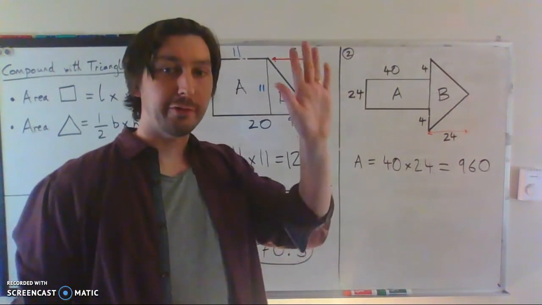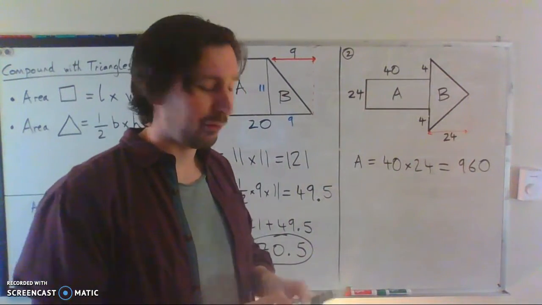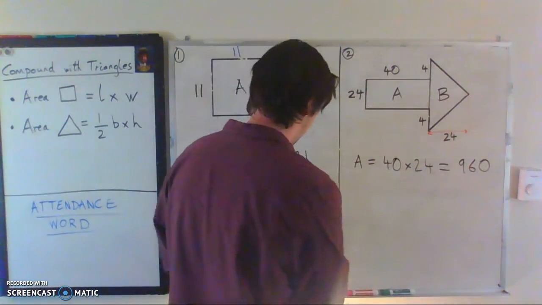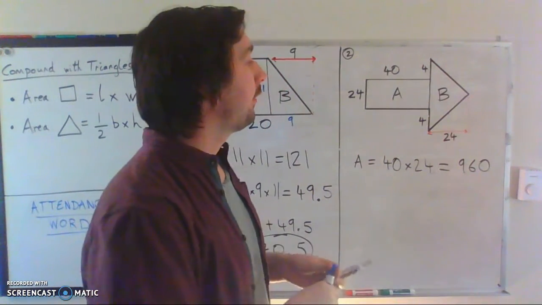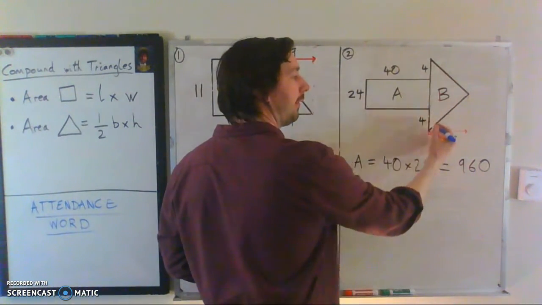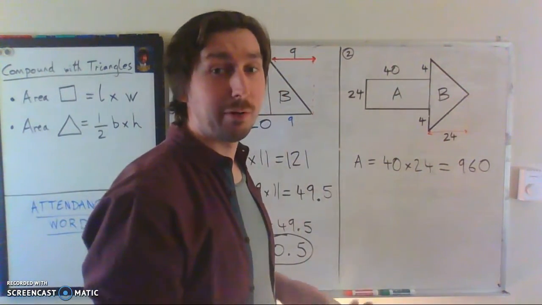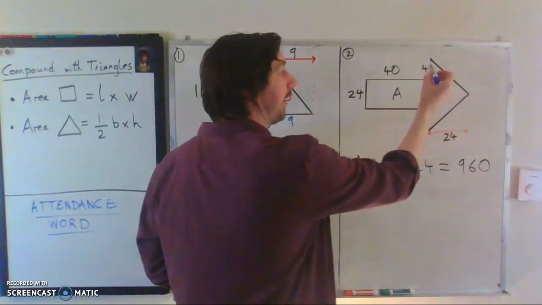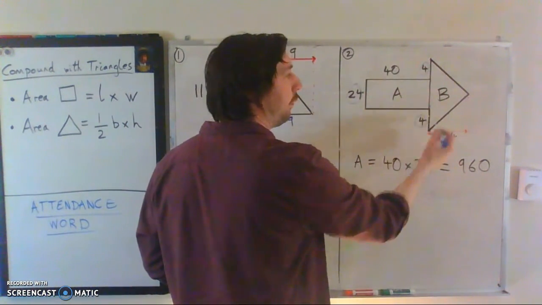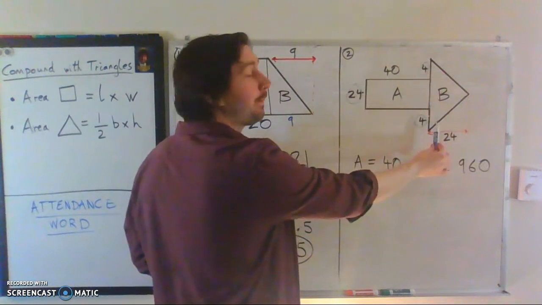Remember, I'm looking for the straight lines, or in this case, I've got to kind of create a straight line. So first, the base. I'm going to say the base is the whole of this, which I have to add together 3 numbers to get that. I have to say 4, 24, and 4 make up this whole thing. You see how those are all parallel?